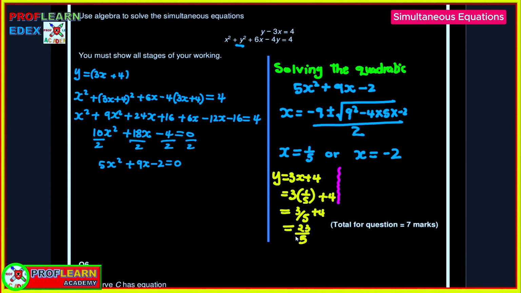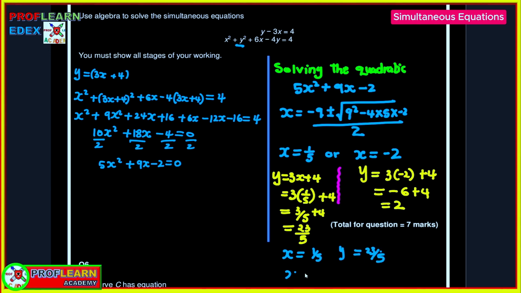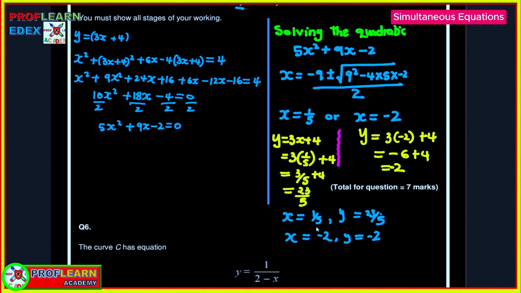We're going to get 23 over 5, and when x equals -2, we can substitute also and get the value of y being -2. Right, so we have the two values of x and also two values of y.